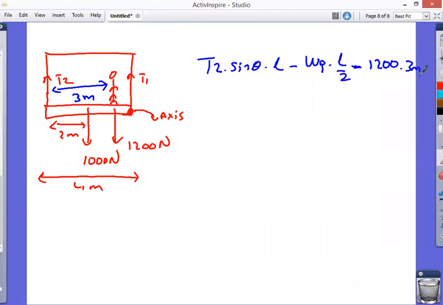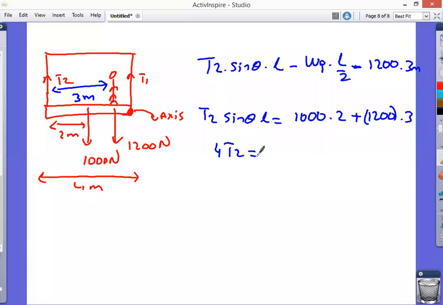Then again, let's find T2 sine theta equal to 1,000 times 2 plus 1,200 times 3. Here it is going to be 4 T2, equal to 2,000 plus 3,600. That is going to be 5,600.